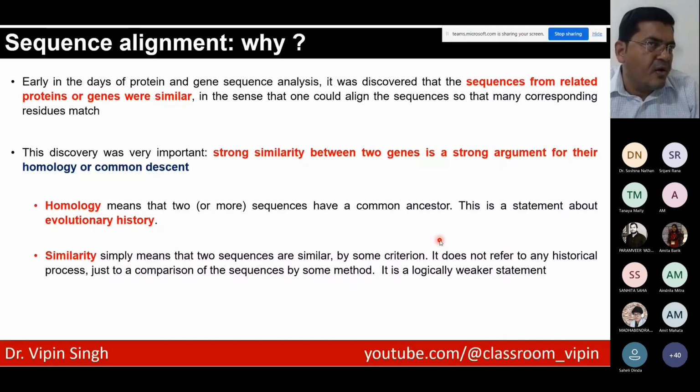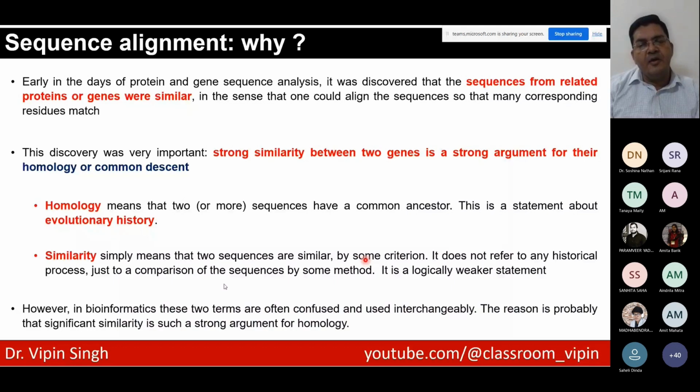When you say sequences are homologous because of the extent of similarity, that is a biologically loaded statement. But in common parlance, they can be used for one another. In bioinformatics, these two terms are often confused and used interchangeably. The reason is probably that significant similarity is such a strong argument for homology. So this is something that you need to keep in mind.